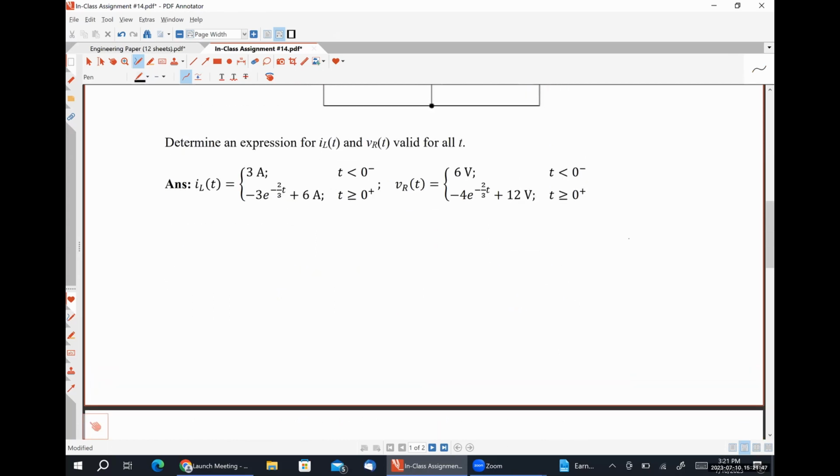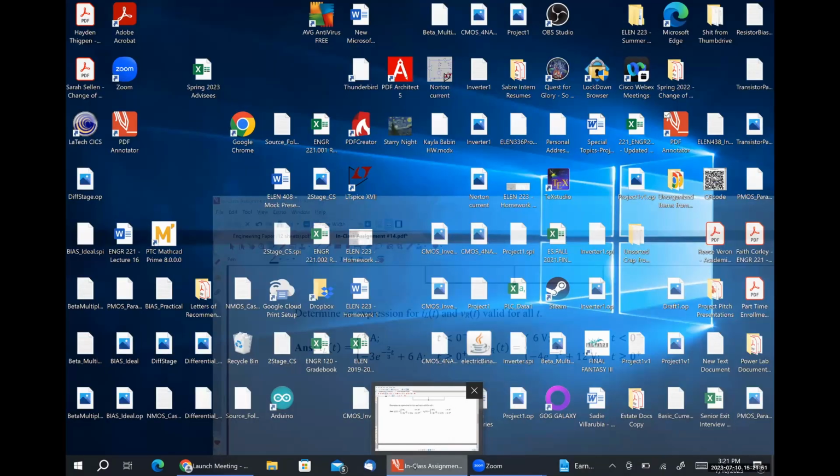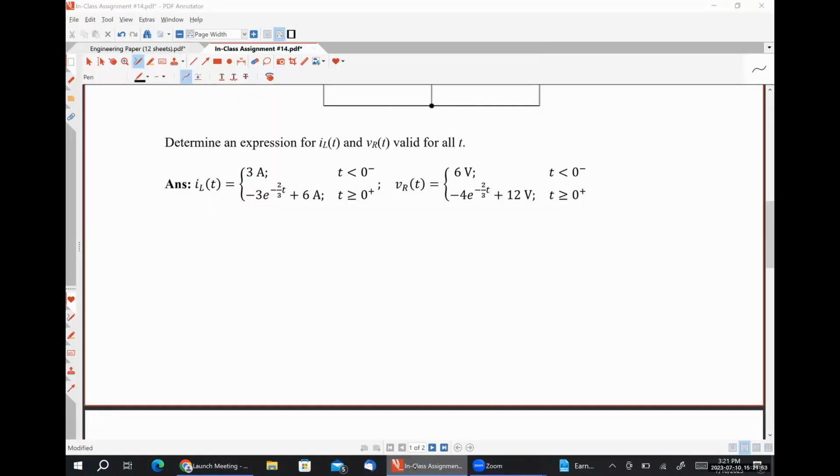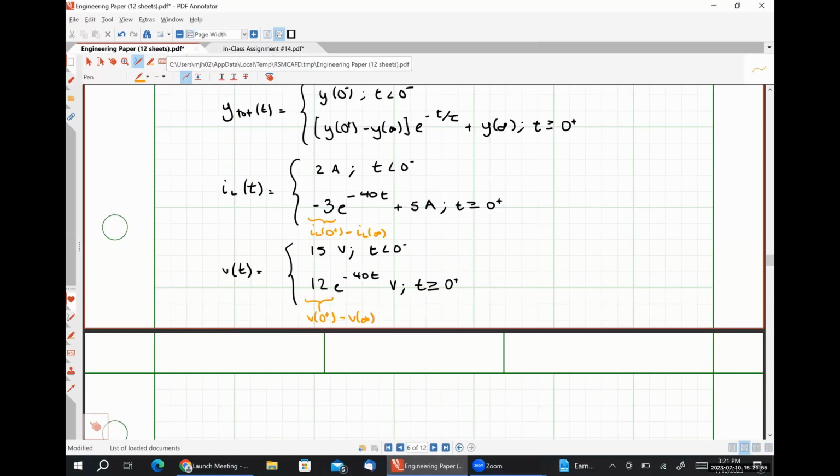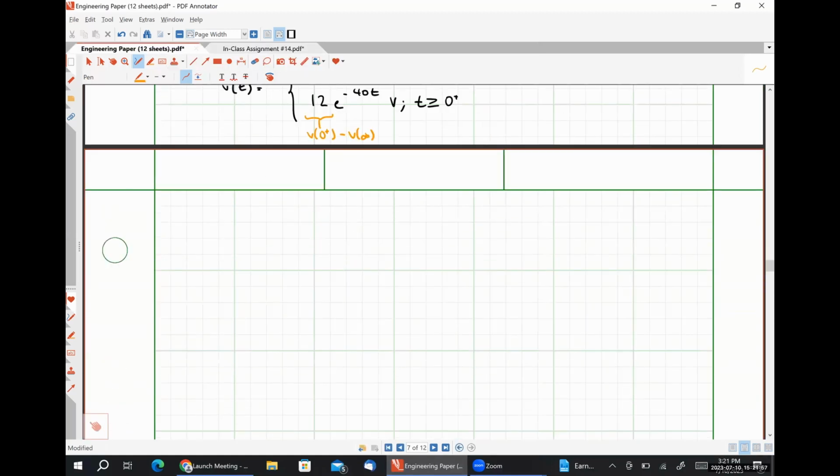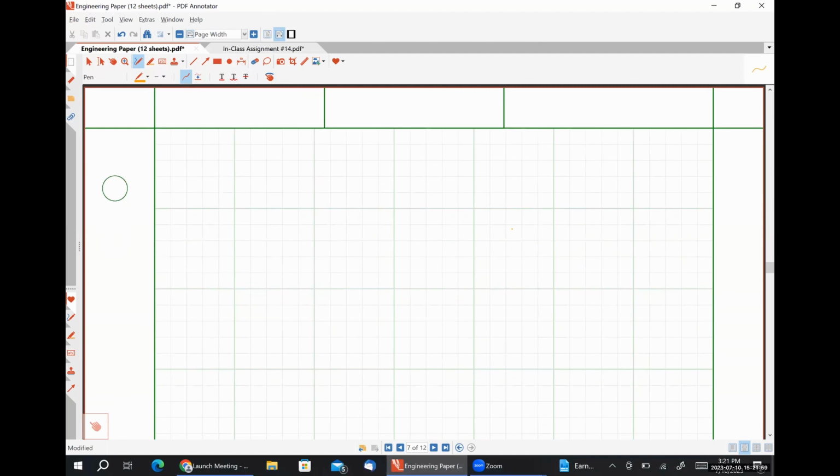Actually, no, that's definitely not enough room. So this is ICA number 14, Problem 1.